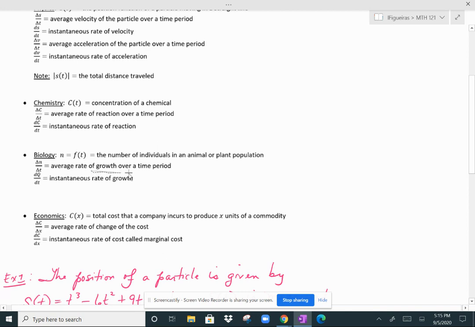So growth meaning the animal or plant population could be increasing, but it could also be a decrease in that growth. And then df/dt (this should be an f, sorry about that) will be the instantaneous rate of growth. Again, it is a derivative, so that's the rate of growth at a moment of time.